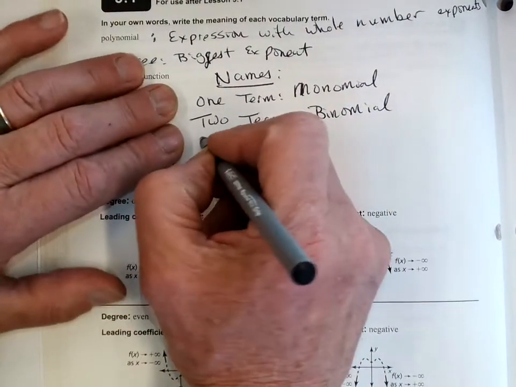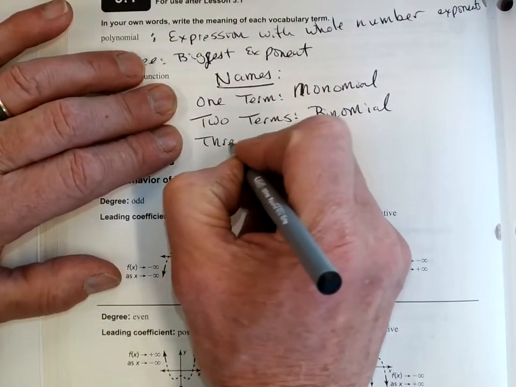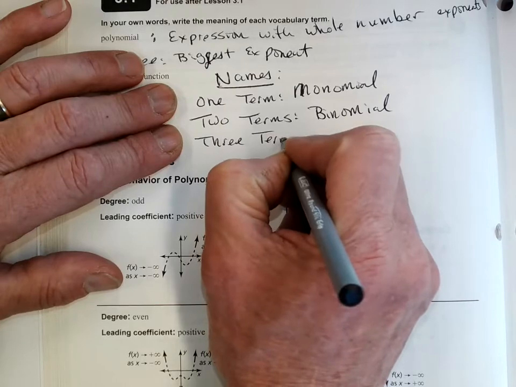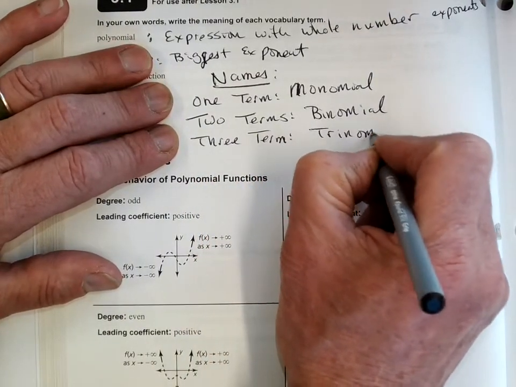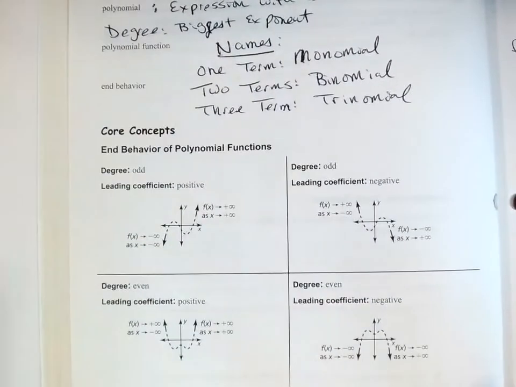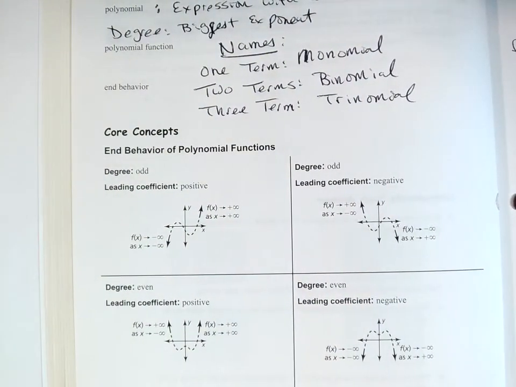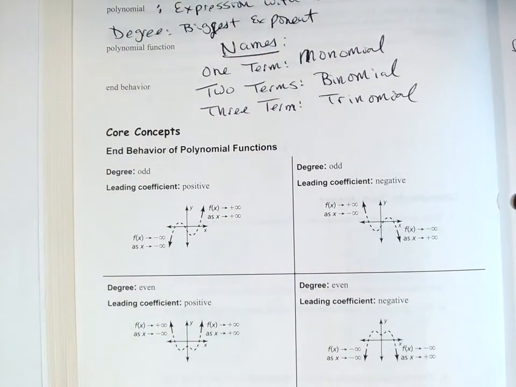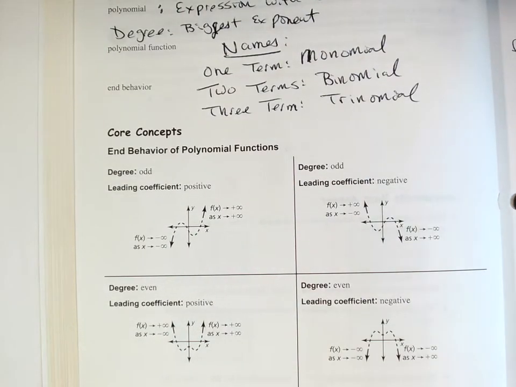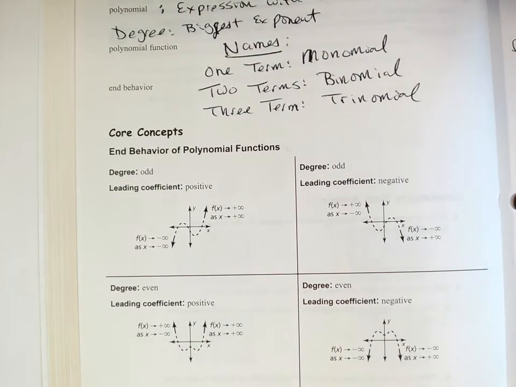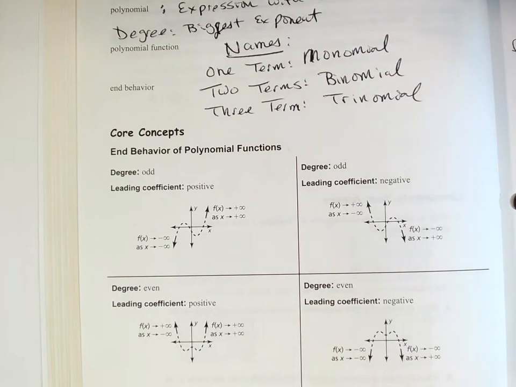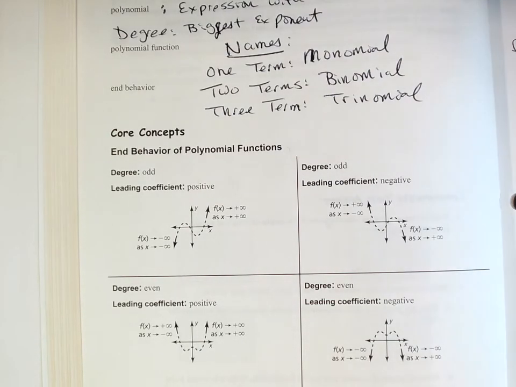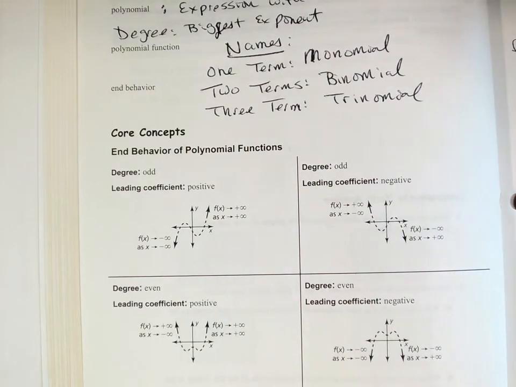Three terms, it's a trinomial. And then beyond that, I'll let you write this down. Then just listen, and don't write this down: we could say a quadnomial, then a pentanomial, then a hexanomial, then a septinomial, then an octanomial, then a not.